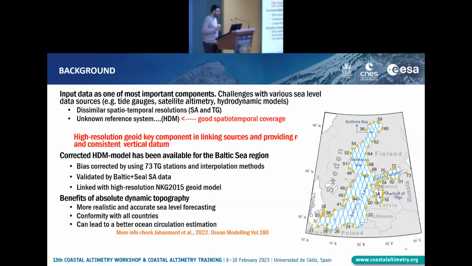So the geoid can make the link between these data sources, and here the solution is to use a corrected version of the hydrodynamic model that has been validated by a vast network of tide gauges around the Baltic Sea. So I use this DT data, which is linked with the high-resolution NKG2015 geoid, in my forecasting model.